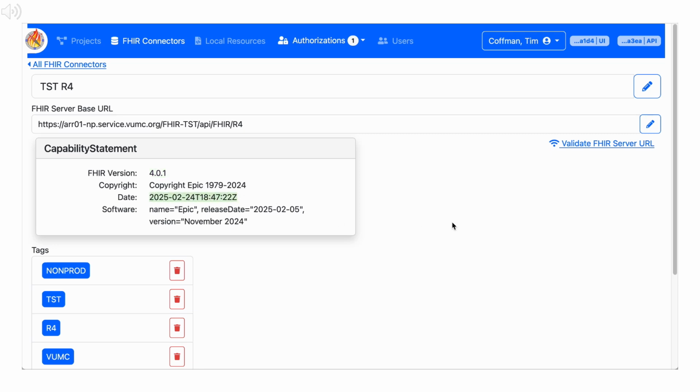To keep them organized, each is tagged with inherent properties such as the server's organization, like VUMC, whether it contains PHI, like prod or non-prod, and what FHIR version it supports, like R4 or DSTU2. Additionally, CQL Platform provides the ability to validate the presence of the servers and confirm their FHIR version.